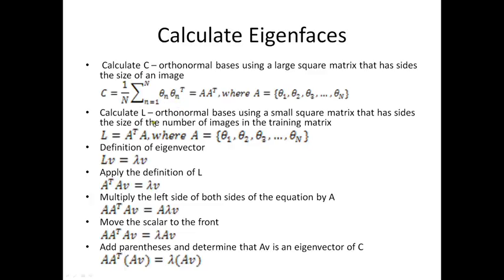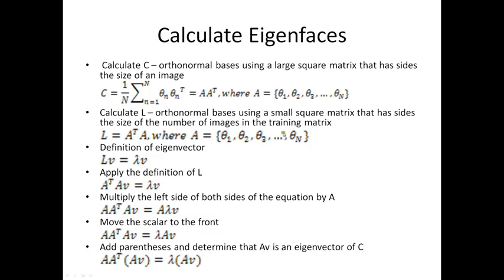So we're going to calculate L, which will be orthonormal bases using a much smaller square matrix that has sides the number of images in your training matrix. So let's say you have, for example, 10 test subjects, and let's say you have 5 of your images in that training matrix for each person.